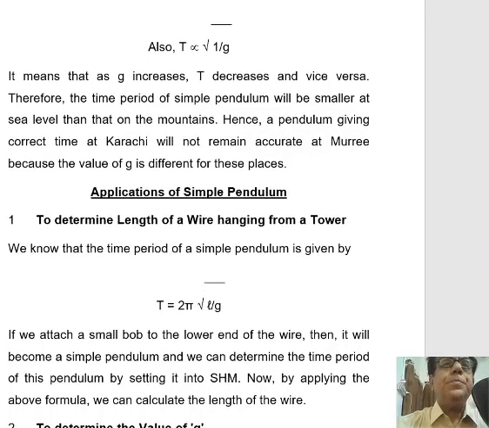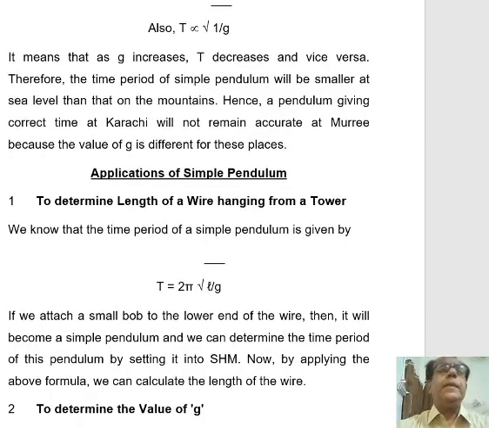This is the next page, and here again that poor quality of typing has been repeated twice. Also time period T is directly proportional to 1 over under root G. Under root has been typed in two different lines, two different portions.